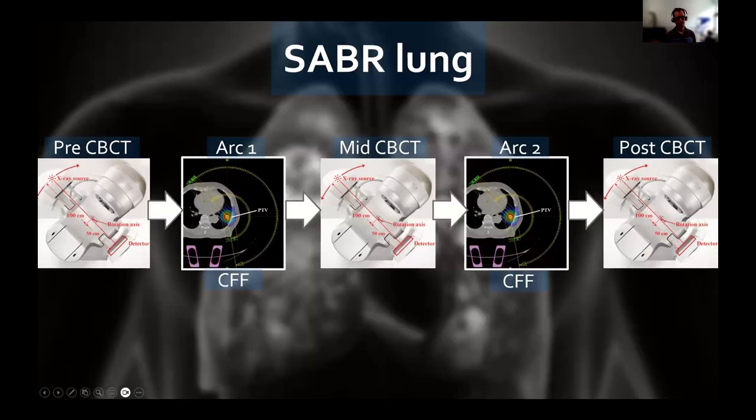Another aspect of lung treatment, well, Sabre SBRT lung, that has been really valuable for our patients is the dose reduction. I mentioned it earlier. When we first started Sabre lung, we were doing a cone beam, then one arc, then a cone beam midway through, another VMAT arc, and then a final cone beam. So that was 3.